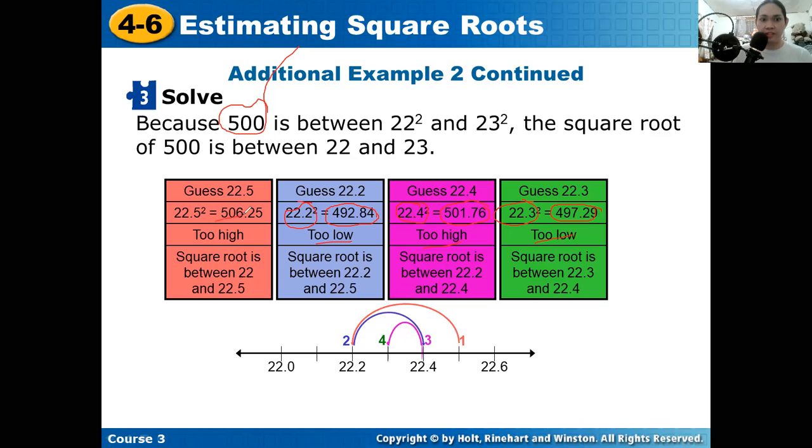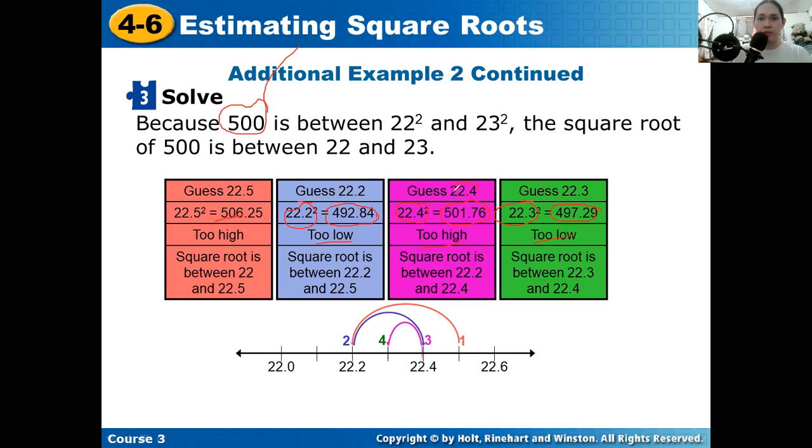So 506 is too far from 500. 492 is also too far from 500, but 501.76 is closer to 500, and 497.29 is also close to 500.